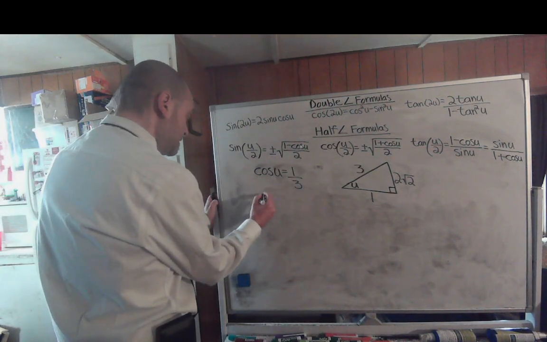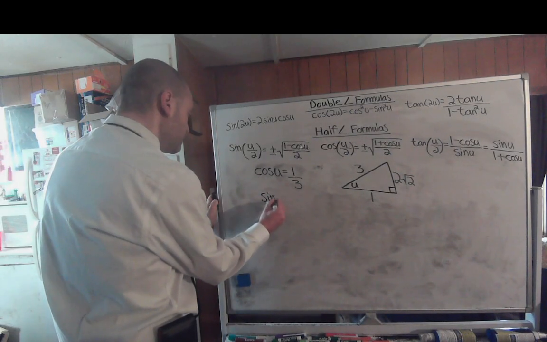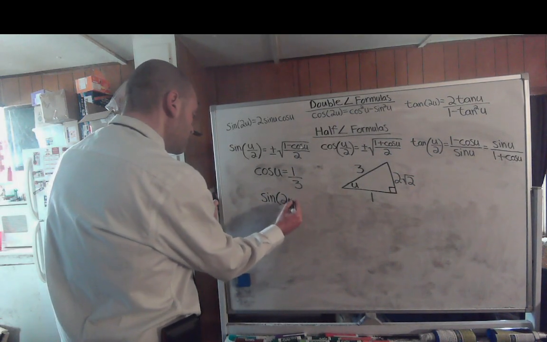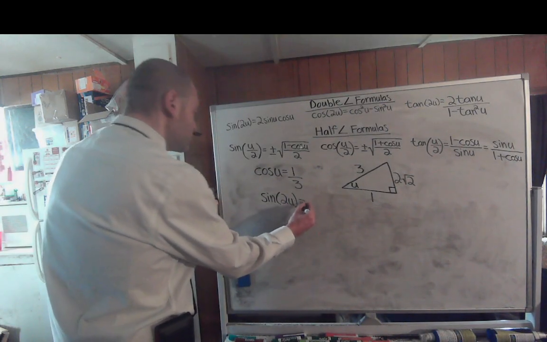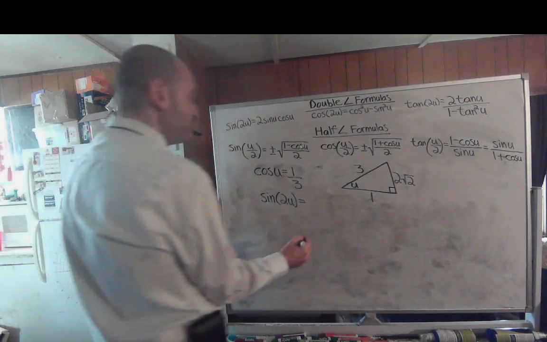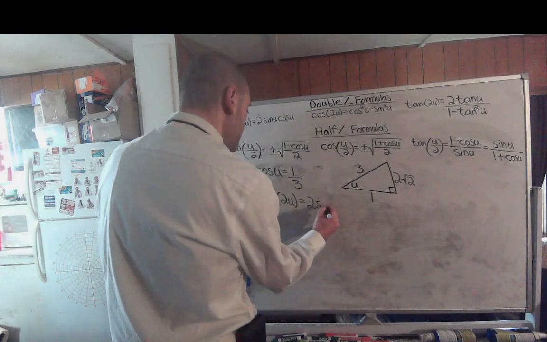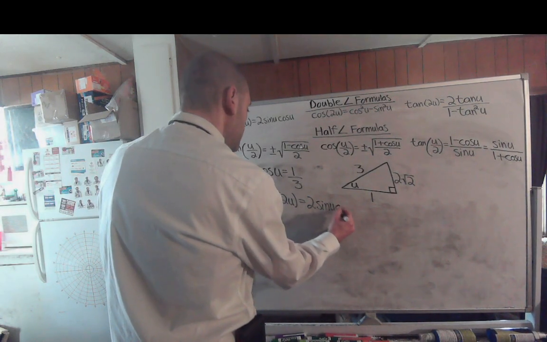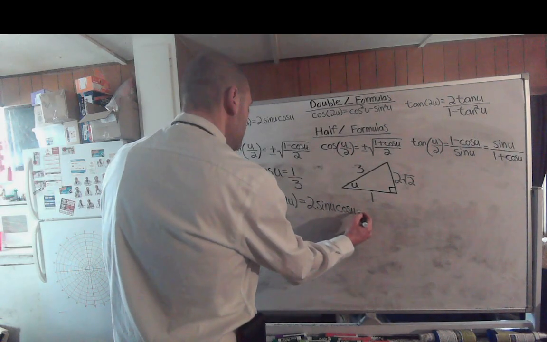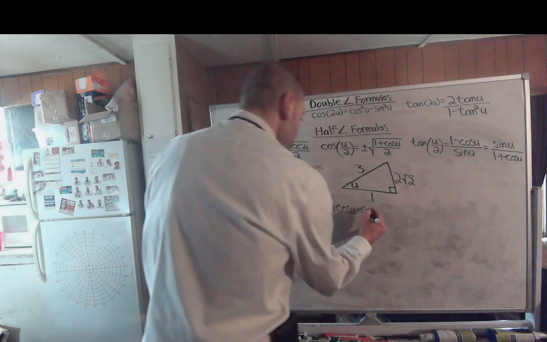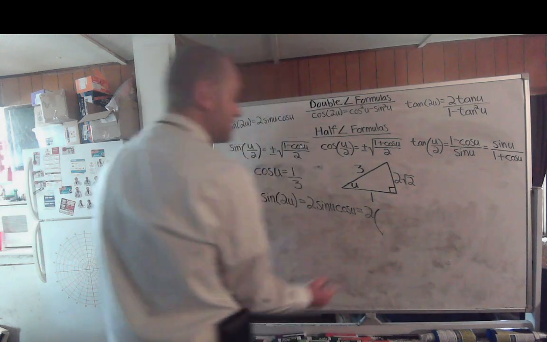So the sine of 2u is going to then equal 2 times the sine of u times the cosine of u. So this would be 2 times, now what is the sine of u?